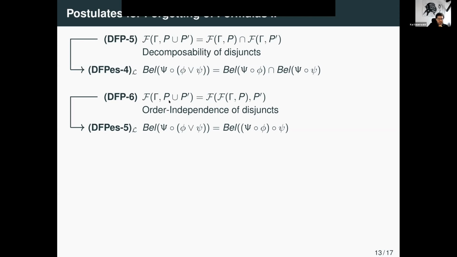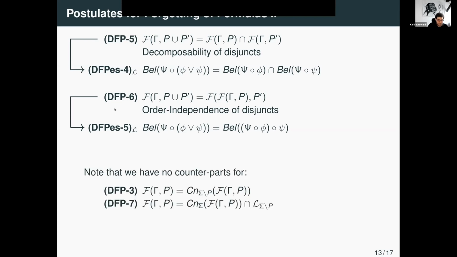And because of DFP5, in our translation we decided to translate it as follows. When you have a disjunction, the order doesn't matter, whether you forget one disjunct before the other or the other way around. You may see that there is some index shift. The thing is, we have no direct counterparts for DFP3 and DFP7.